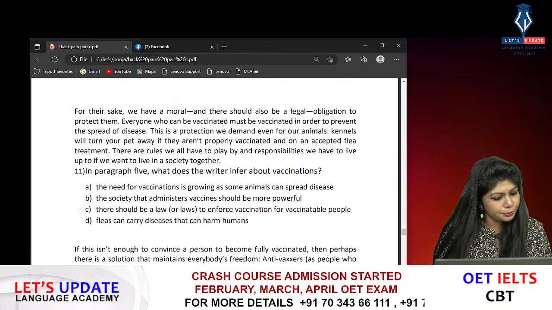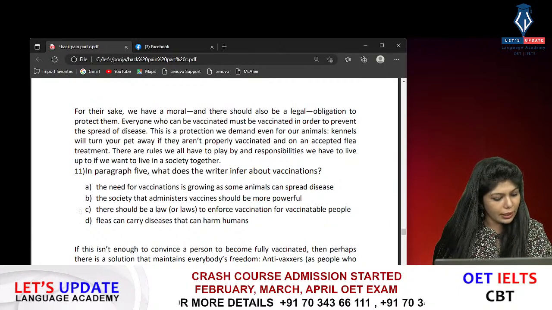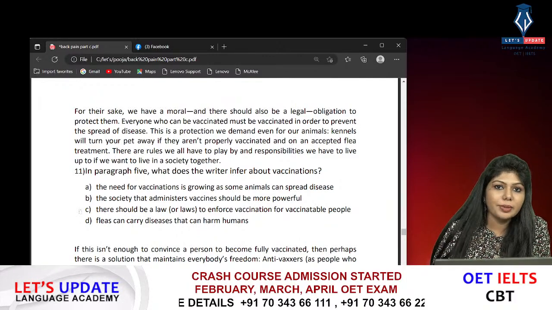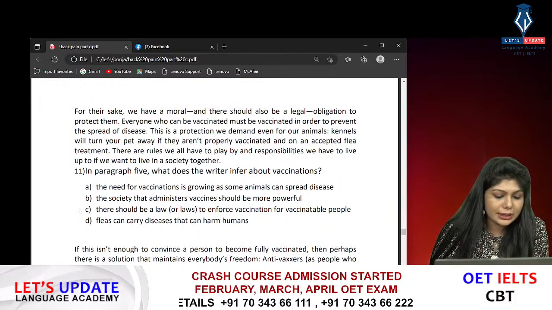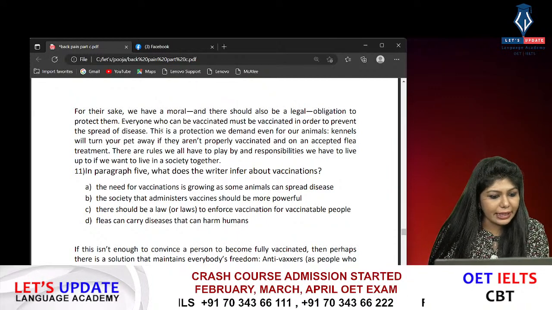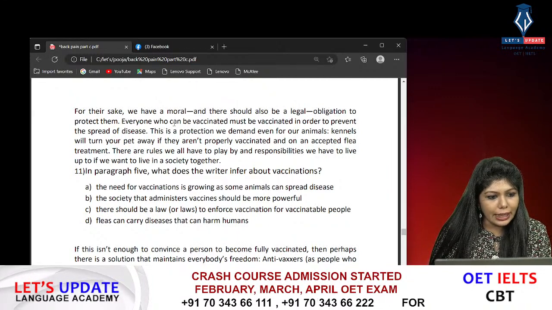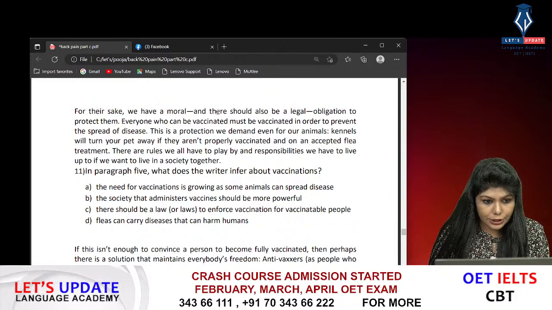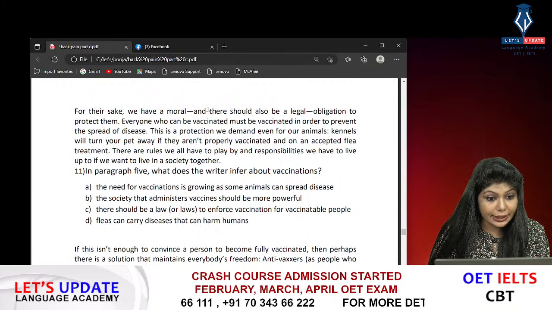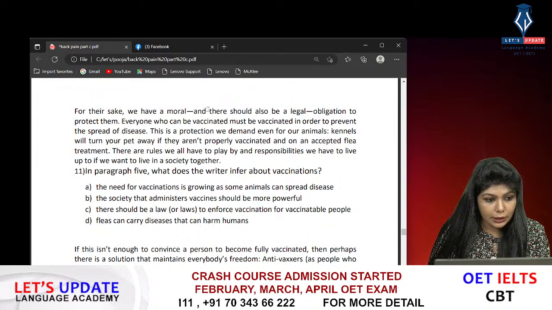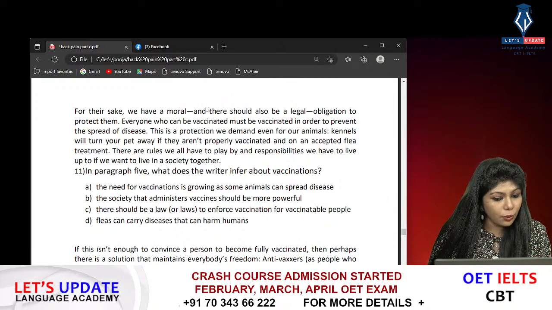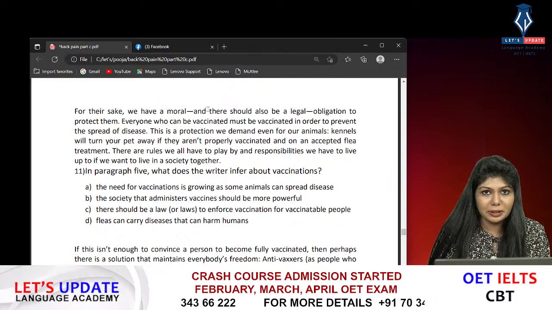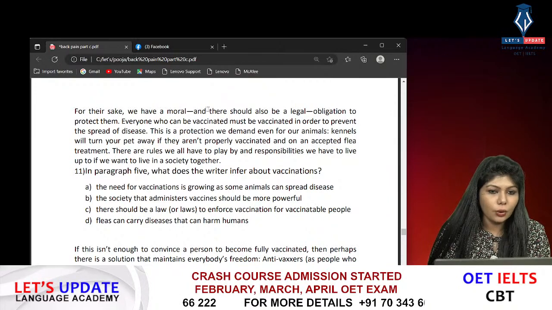And why do you think it is so? There must be information in the paragraph that will lead you to this answer. Okay, that is because they have mentioned here that we have a moral and there should also be a legal obligation to protect them. Okay, so that is what they are saying. Them, in the sense, vaccinatable people, that is normal people who can be vaccinated.